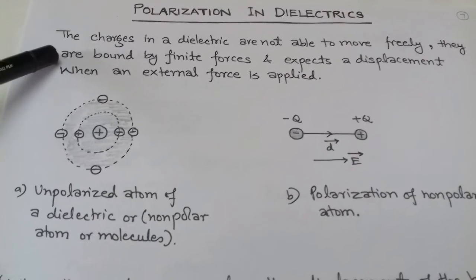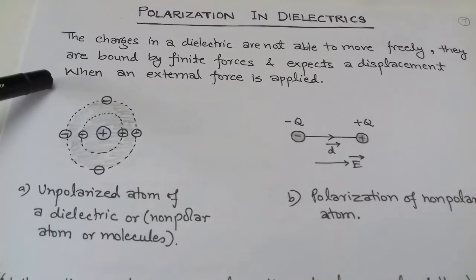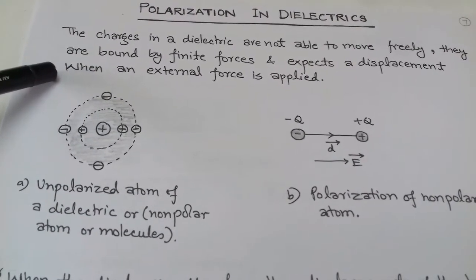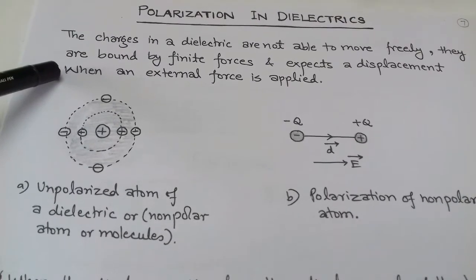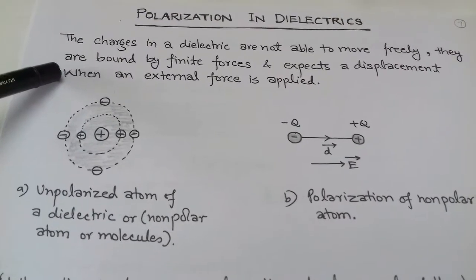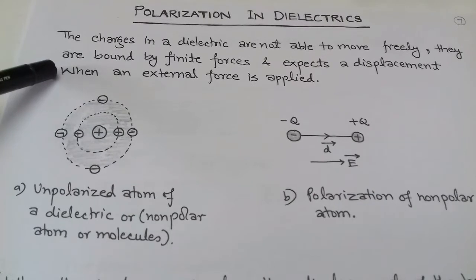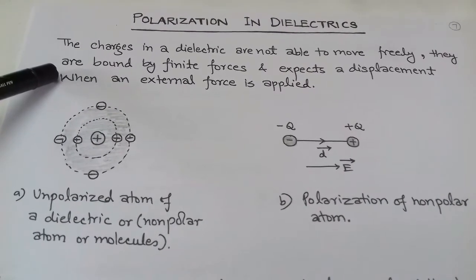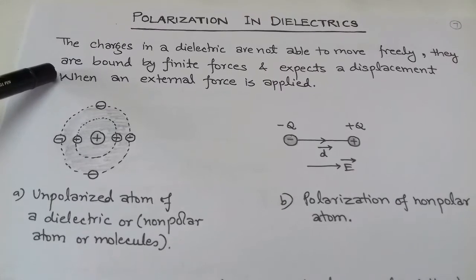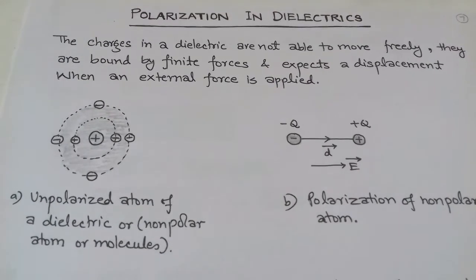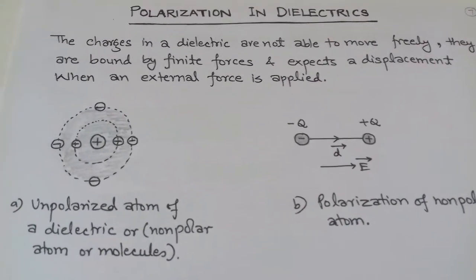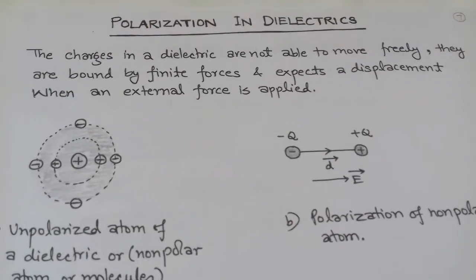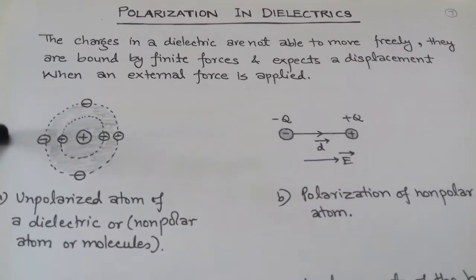The charges in a dielectric are not able to move freely, as we know that they are non-conductors, because they are bound by some finite force and expect a displacement when an external force is applied. Means when a dielectric is placed in an electric field, then only charges are displaced.